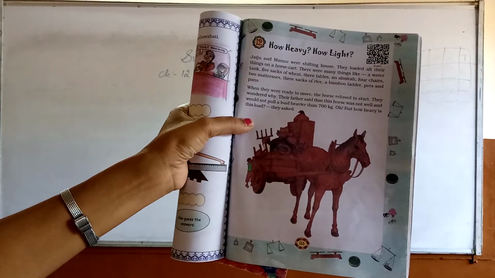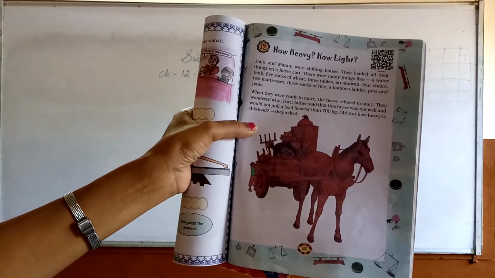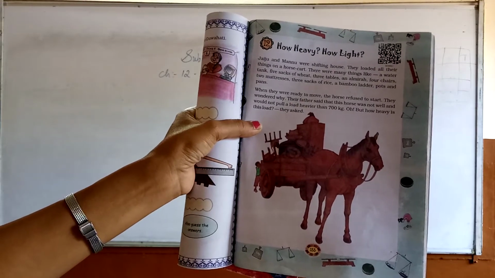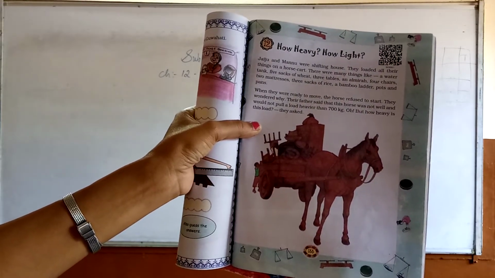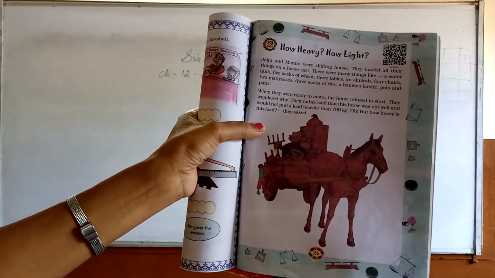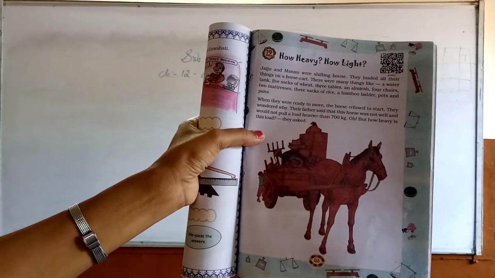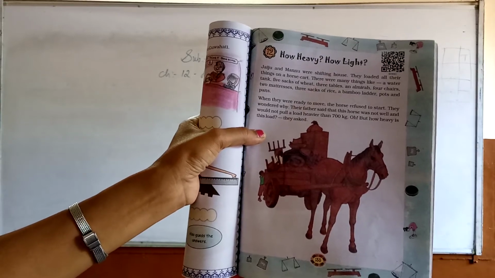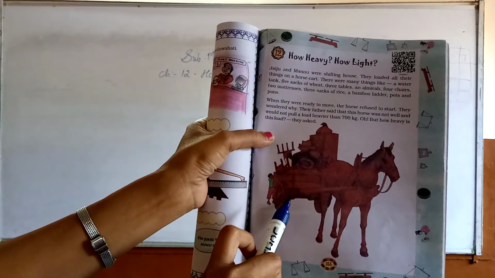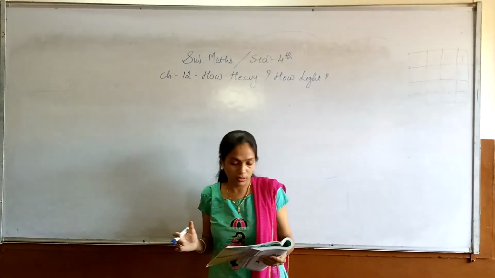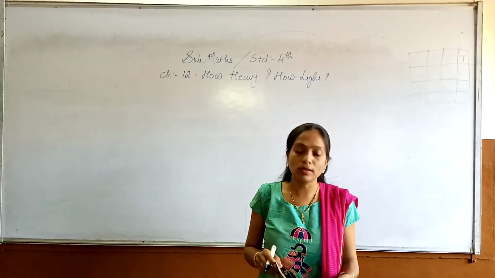They are taking their things like a water tank, 5 sacks of wheat, 3 tables, an almari, 4 chairs, 2 mattresses, 3 sacks of rice, a bamboo ladder, pots and pans. You can see in this picture, so much of things they are taking in a horse cart.